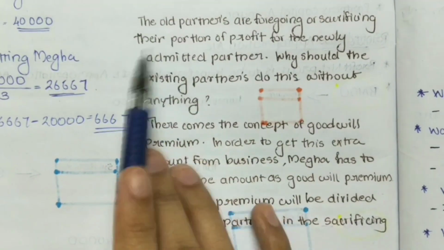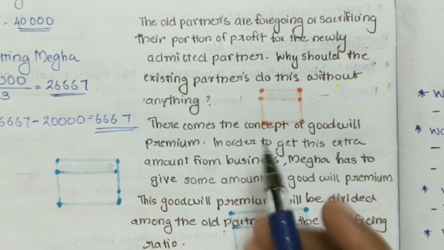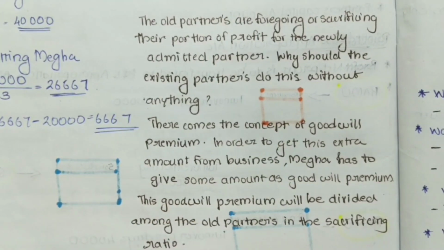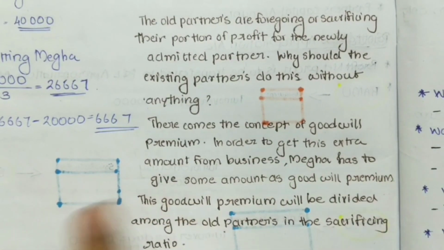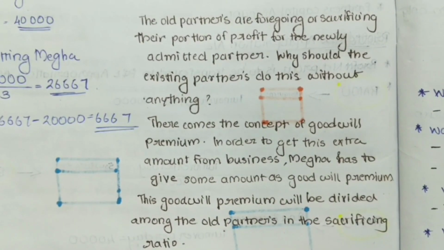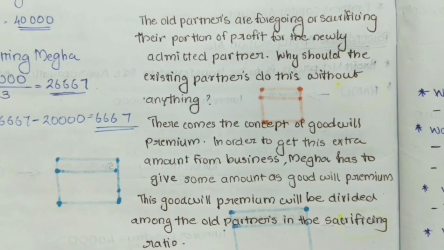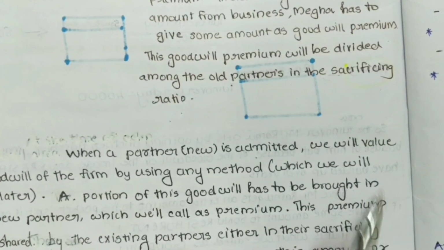But when she joined as a partner of Raj restaurant, she now gets 26,667. When we subtract 20,000 from this amount, we get 6,667. That is the extra benefit Megha gets when she joins as a partner of Raj restaurant. Why? Because Raj restaurant already has its own goodwill. So when she joins them, she gets the extra amount.